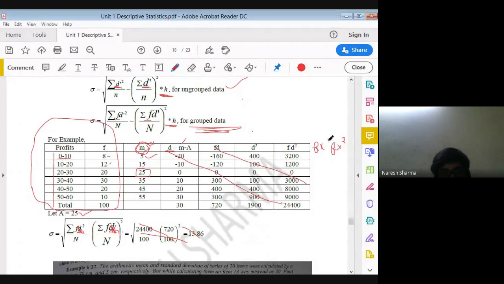For this you require x square. If you square 55, the calculation looks a little heavy, but you have a calculator, so you can try the same way. It's no problem.